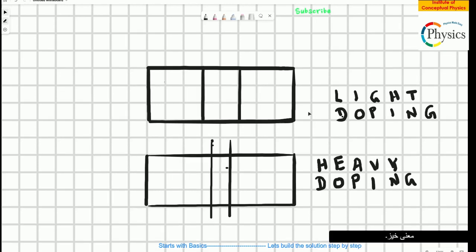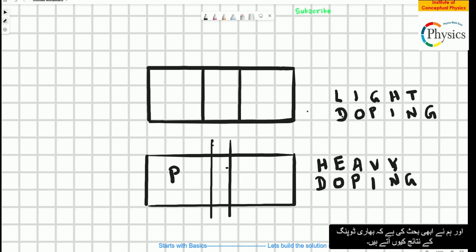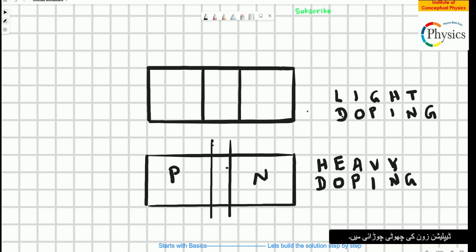Thanks. Making sense. And now you can see the diagram, right? The first diagram is light doping. The junction width, which is the depletion width actually, around the junction is wider. And you can see the second diagram where the PN diode is heavily doped. And we have just discussed why heavy doping results in a smaller width of the depletion zone.